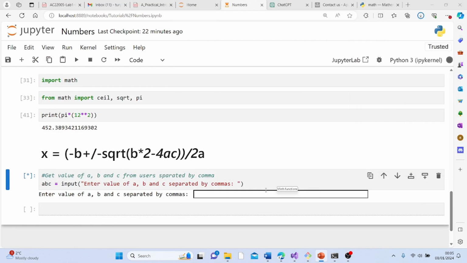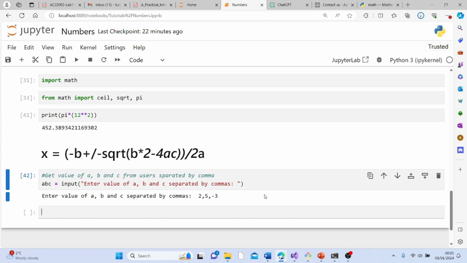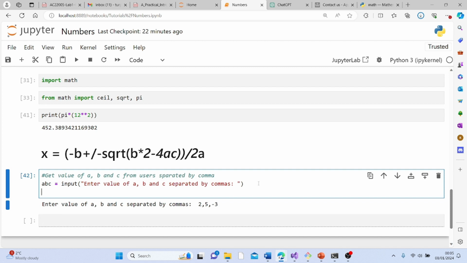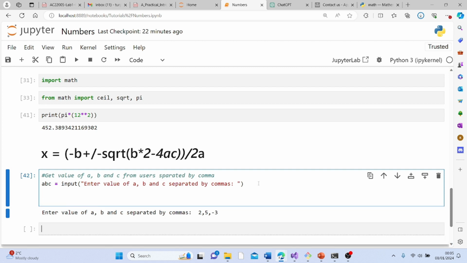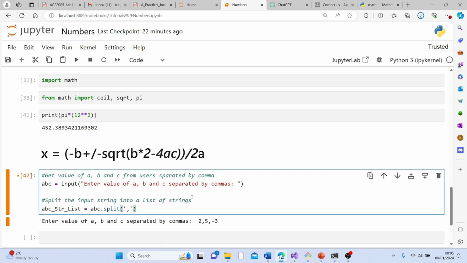So the user will enter here 2, 5, minus 3 and press enter. That's what we want from there. The next thing is that we want that value to be captured in ABC, assigned to ABC, and we want it to be split into a list.